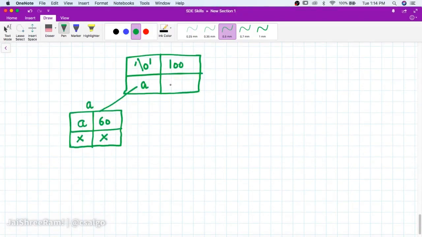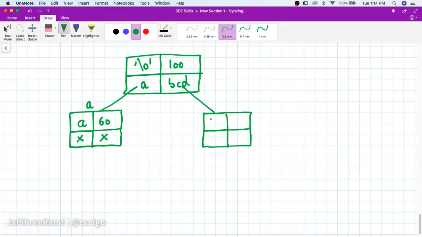And on its right I will be having the node BCD, and for this BCD node I will be having a null character.